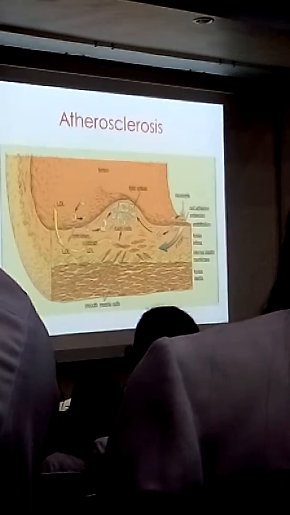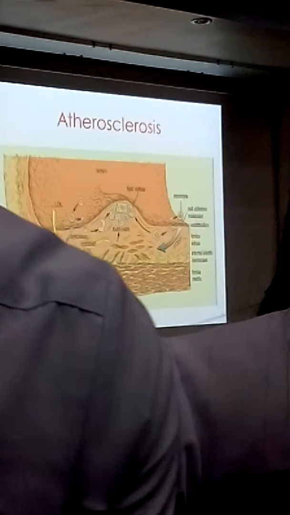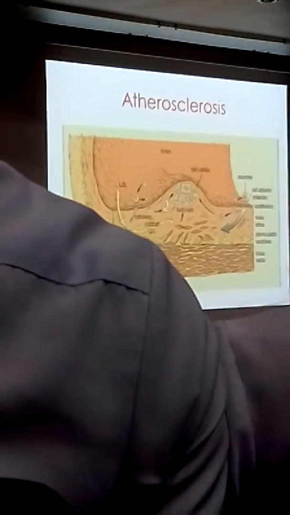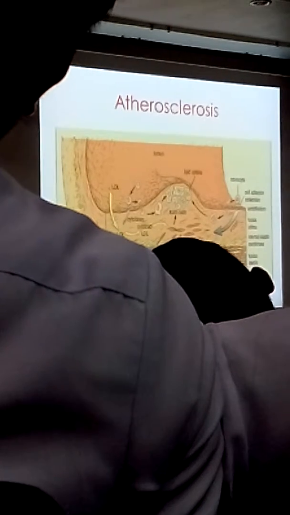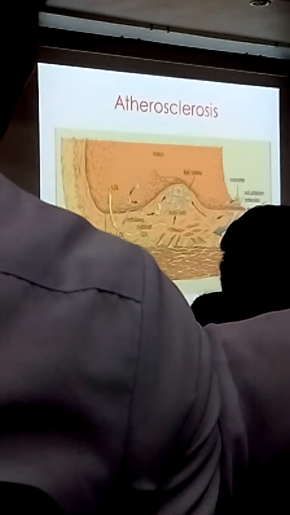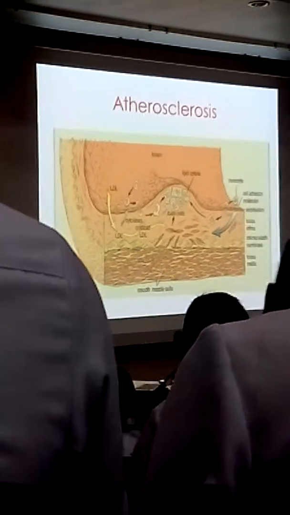So after there is an endothelial injury, what's the next process? Nakalimot na? You discussed that about 2 weeks ago? After there is endothelial injury, there is production of your platelet, superoxide, and iron.